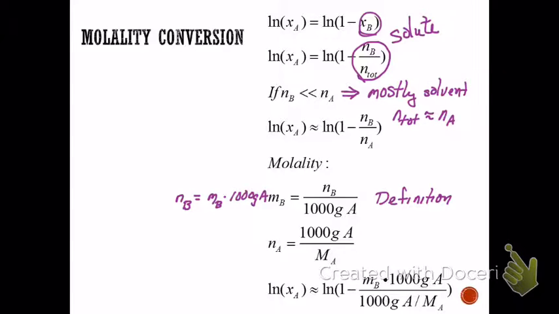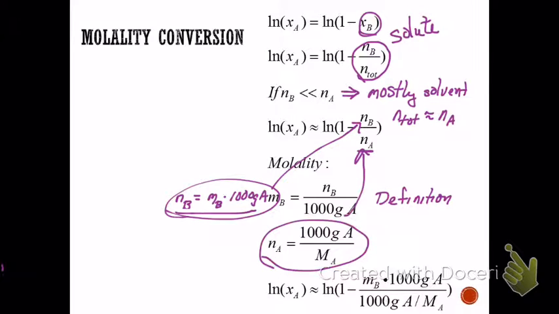Taking the expression related to molality, we can just simply rearrange that to solve for n sub b, and we end up with this expression here for n sub b, and we can then just go ahead and substitute that into our ratio above.